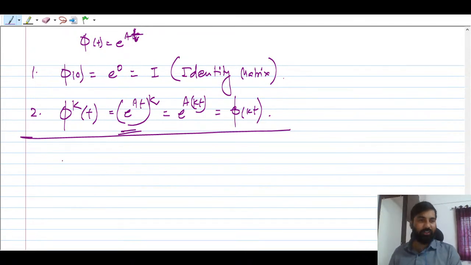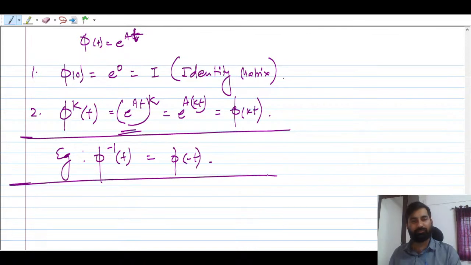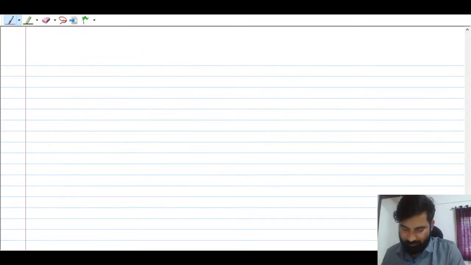Another example: suppose you are finding phi inverse of t, so this is equal to phi of minus t, simple. Please remember this is a very important fact that I'm telling you, तो आपको ये याद रखना है.